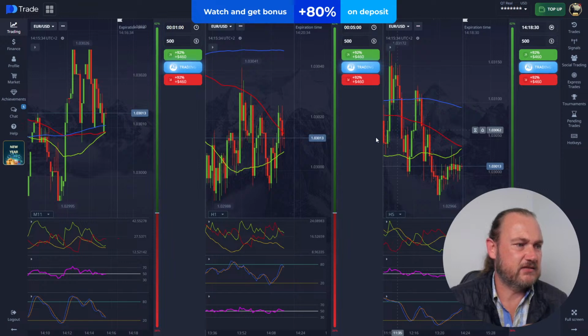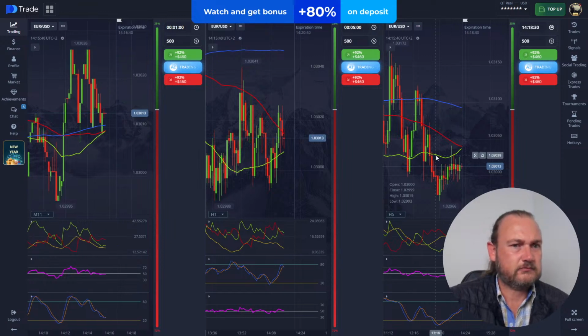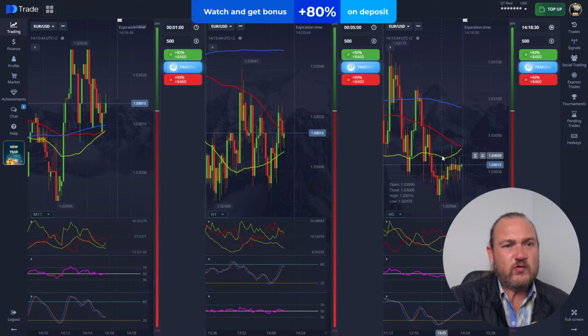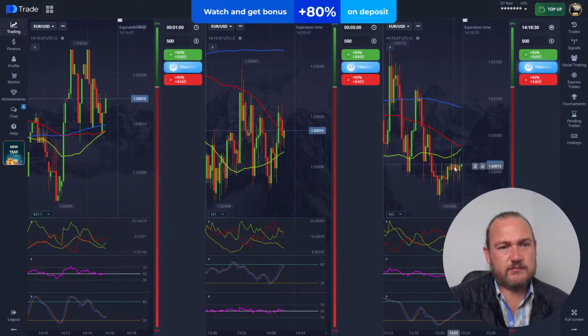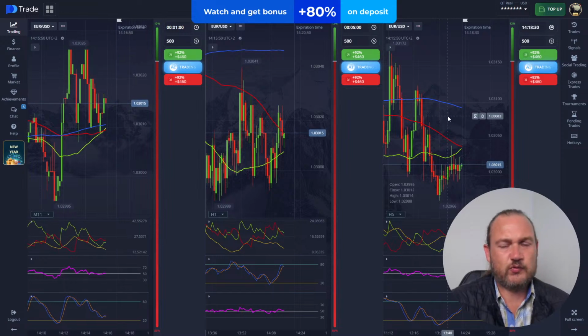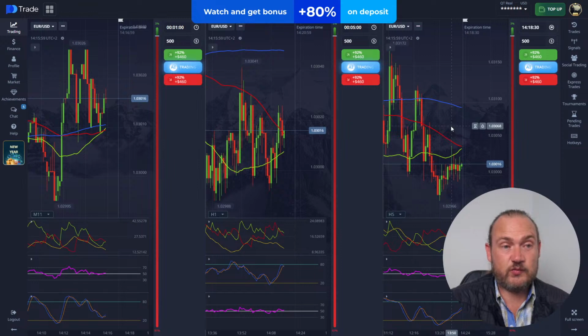Okay, let's see. So my 5-minute chart, which is on the right hand side, is going to give me an idea of the movement. Like I said in the beginning, unfortunately, this is not ideal market movement at the moment. We are 45 minutes away from the US Open, and I really hope we don't stay like this.